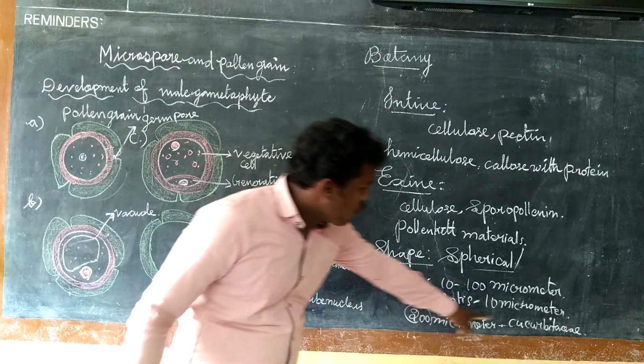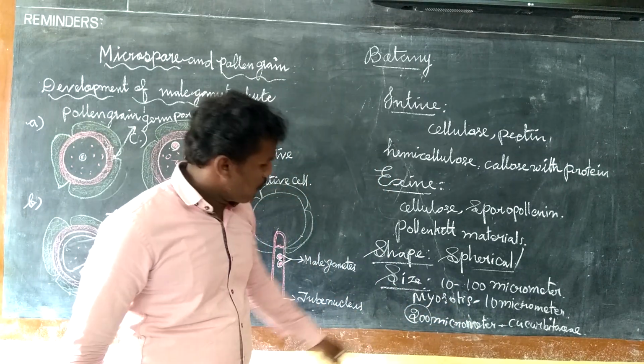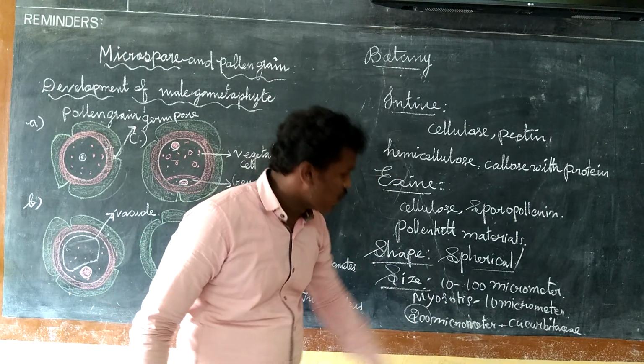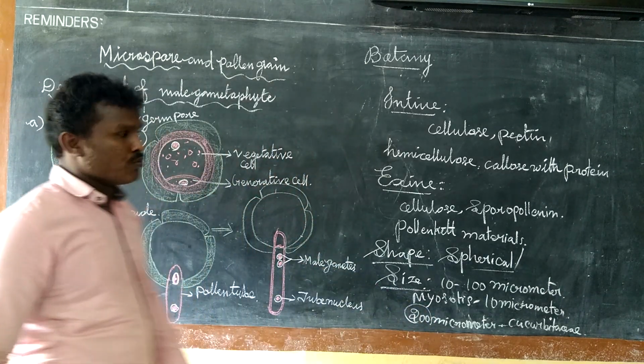What is the size of Cucurbitaceae family pollen grains? 200 micrometer. It will be asked for 2 marks.